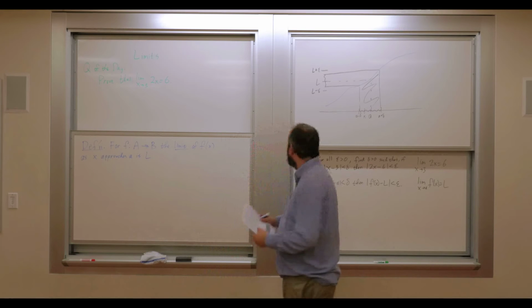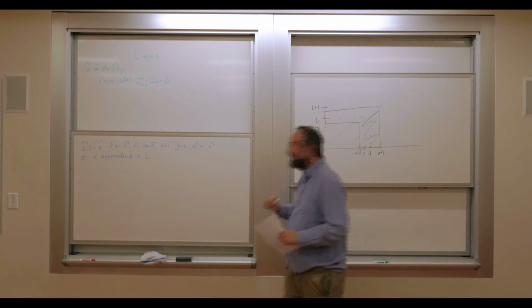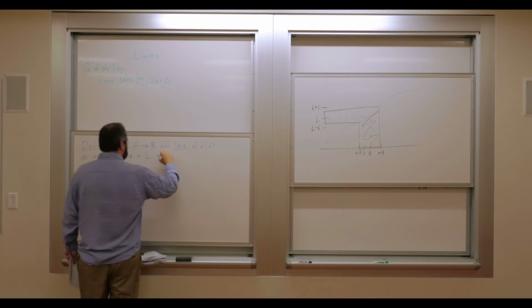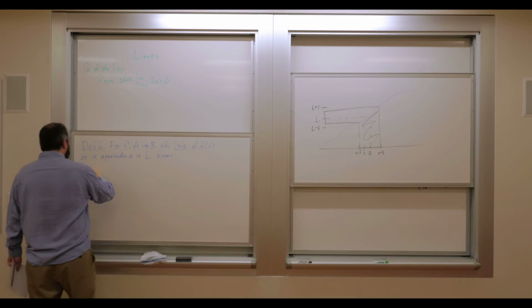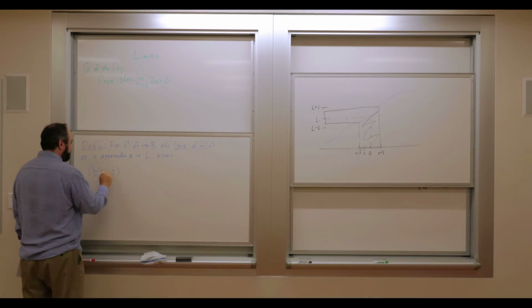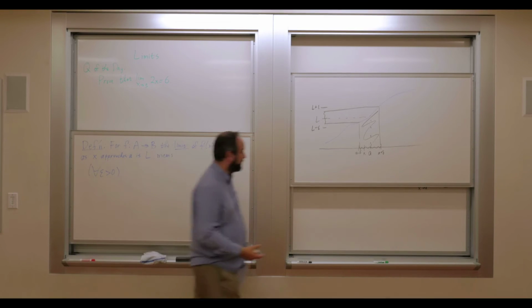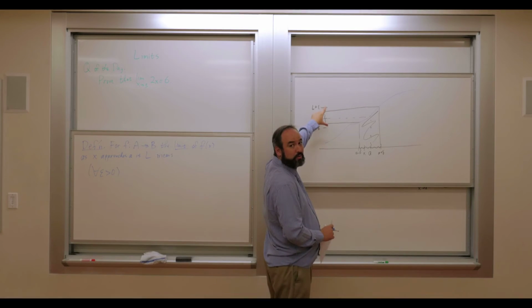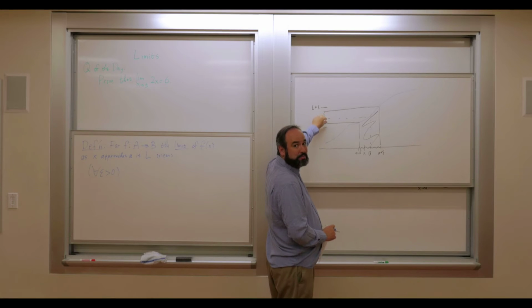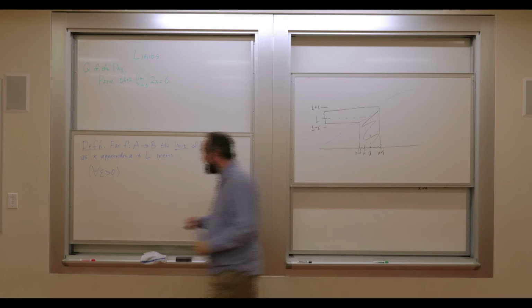It means that no matter how tight I want this bound around L, in other words, no matter how small an epsilon I pick, so this is going to have to hold for all epsilon greater than 0. It has to hold for epsilon 0.1 and 0.01 and 0.001 and so on. It has to hold for any choice of that epsilon.